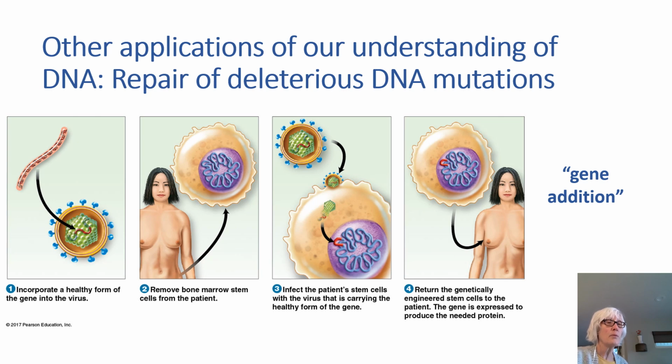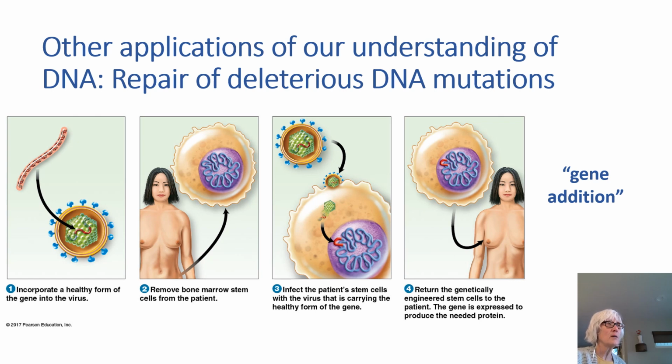In the second step, we remove the stem cells from the bone marrow of a patient that has some sort of DNA mutation. We allow the manipulated virus to infect that stem cell, and the inserted DNA that we put in that virus is incorporated into the DNA of the stem cell. That stem cell now has the added functional gene, and that stem cell then is returned to the patient with the DNA mutation.